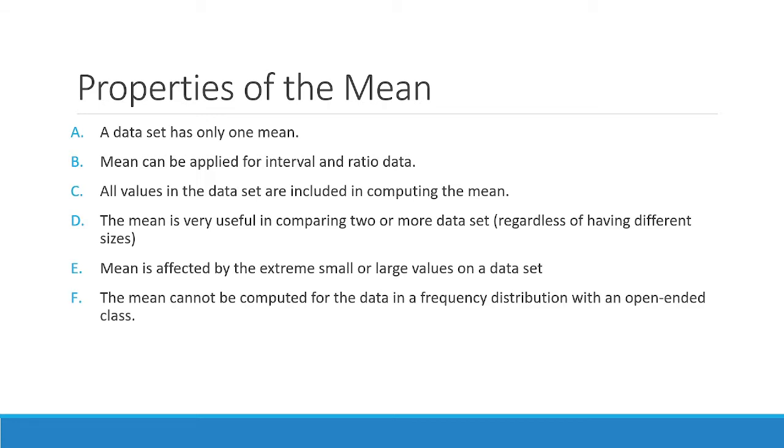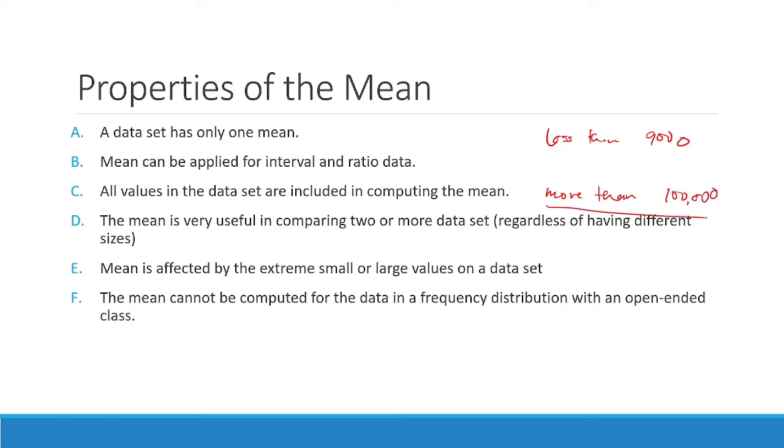Also, the mean cannot be computed for data in the frequency distribution with an open-ended class. By open-ended class, these are classes that have, for example, if you have a distribution that have, say, less than 9,000, then you have more than 100,000.